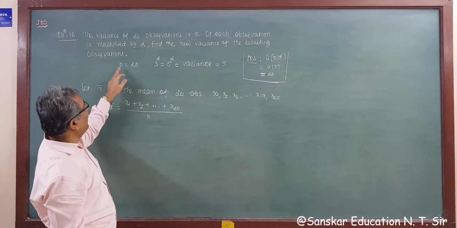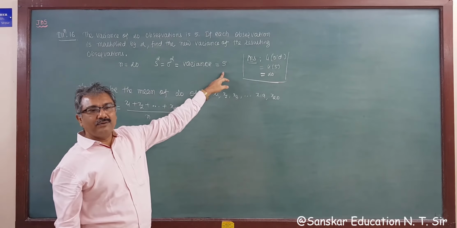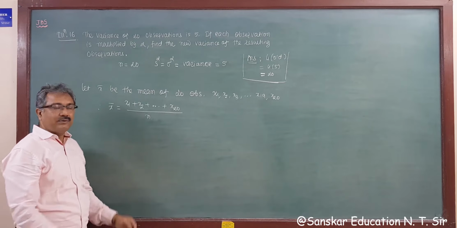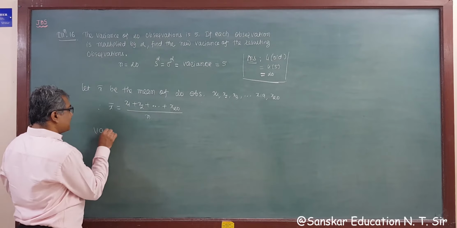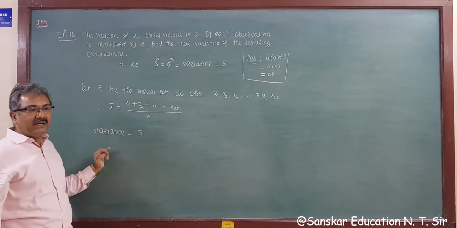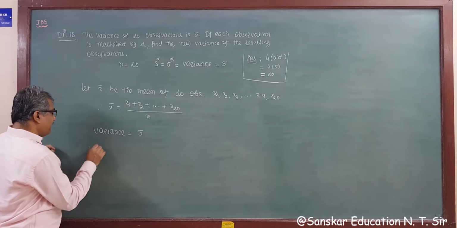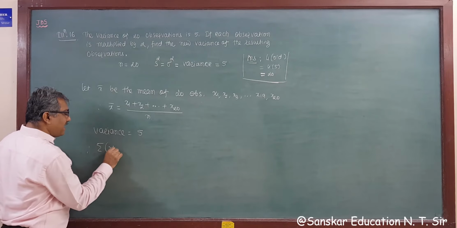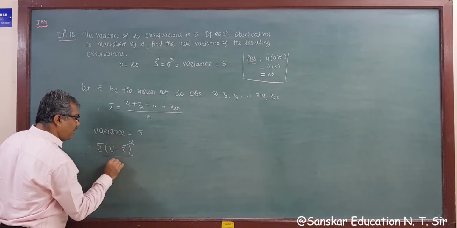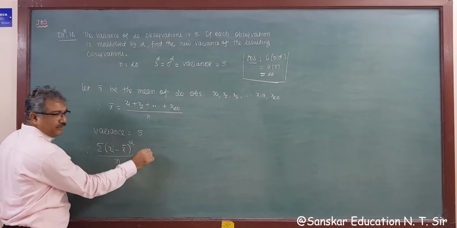Now given that n is 20 and variance is 5. The formula for variance is sigma of xi minus x bar whole square upon n, which is equal to 5.